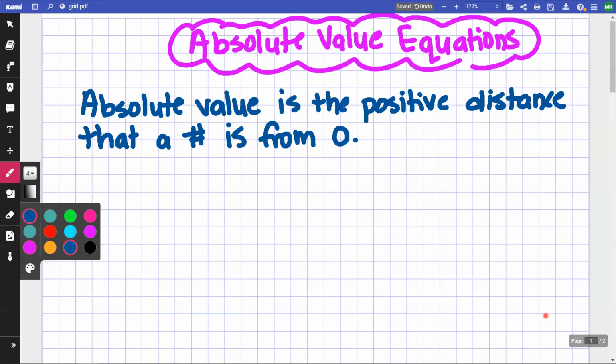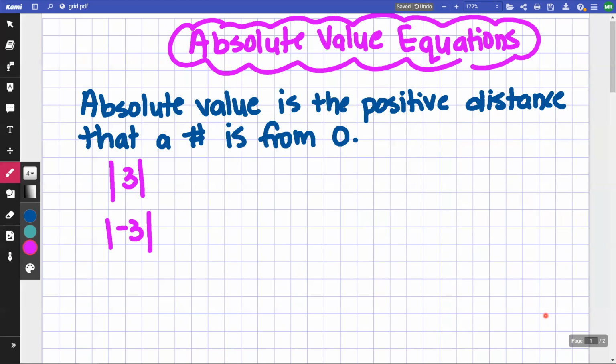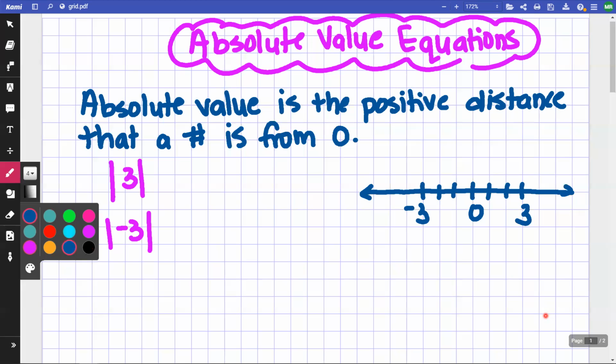So for example, if I was going to take the absolute value of 3 or the absolute value of -3, I'm really trying to figure out how far are they from 0. So if I have 0, 1, 2, 3, and 1, 2, -3, and I want to figure out how far is that from 0?